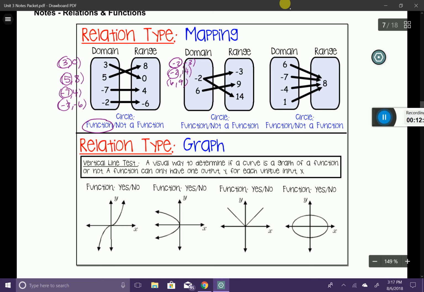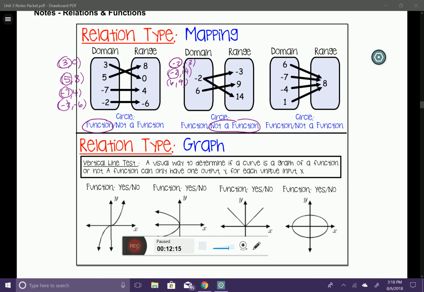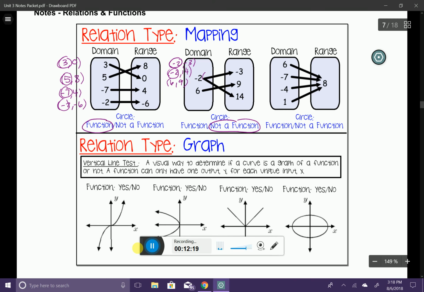This cannot happen. You can't have a domain value going to 2 different range values. And therefore, this is going to create a relation that is not a function. Sometimes the way that I like to remember it is if you have a situation where it creates a less than in your mapping, then it's always going to be not a function.